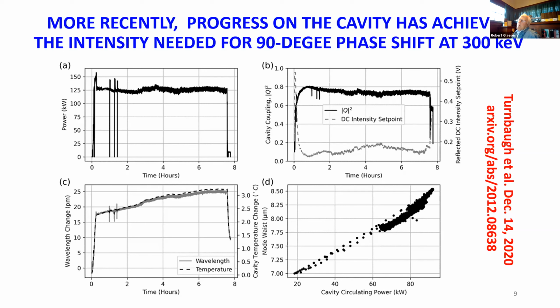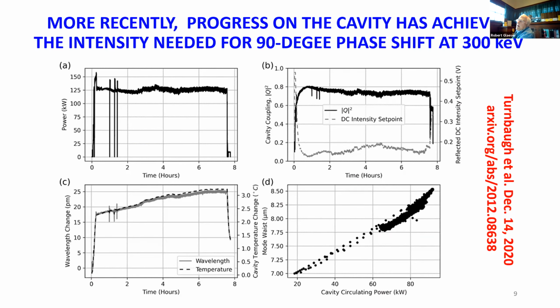The temperature of the cavity changes by a few degrees as the hours go by, and that causes a change in the wavelength of light that is resonant in the cavity. All of these are taken care of automatically by feedback operations.